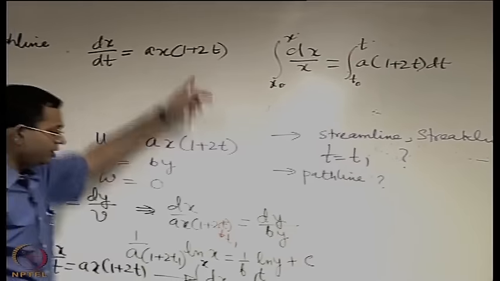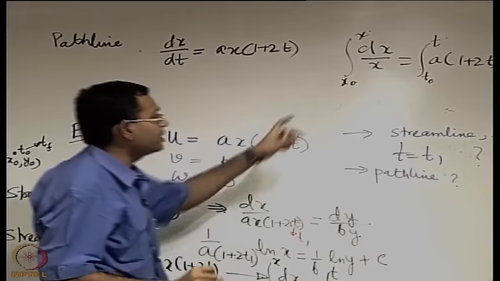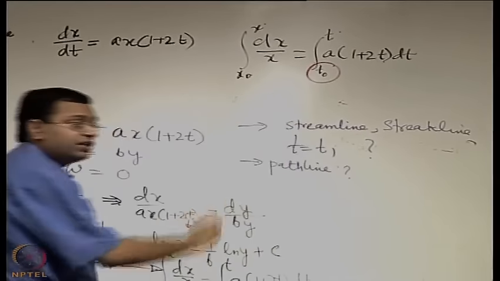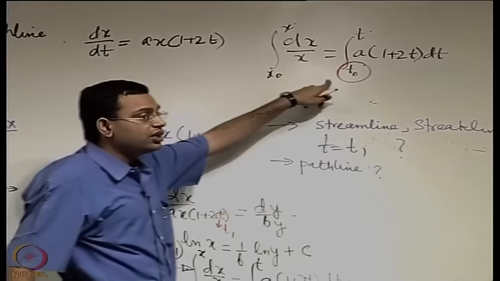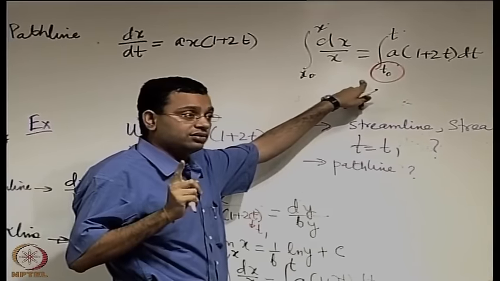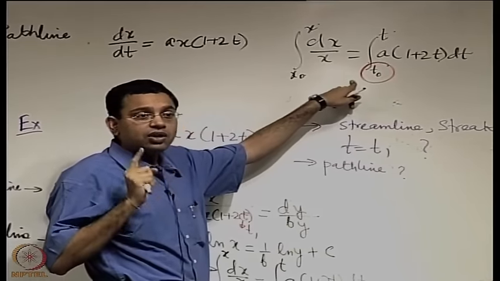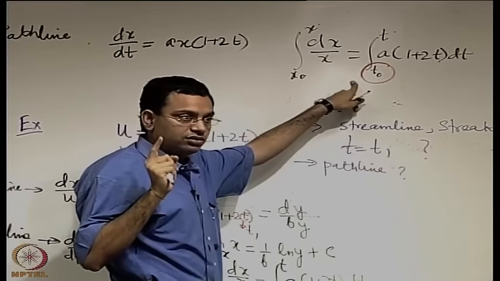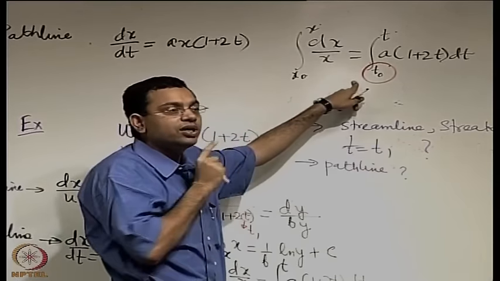What is the difference between these two? Look carefully at the limits of t. When you say this is t naught, this is a fixed t naught, that means you are finding the locus of a particle which at time equal to t naught passed through the point of dye injection.